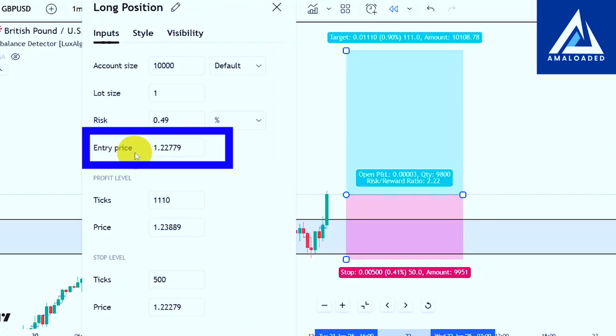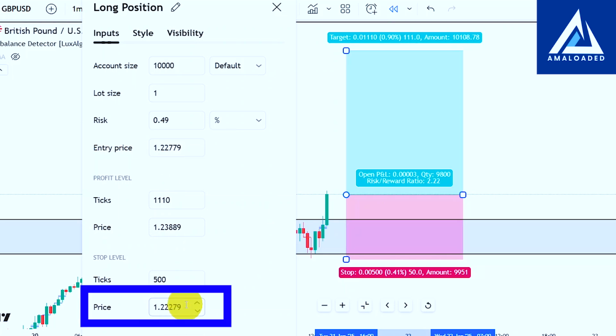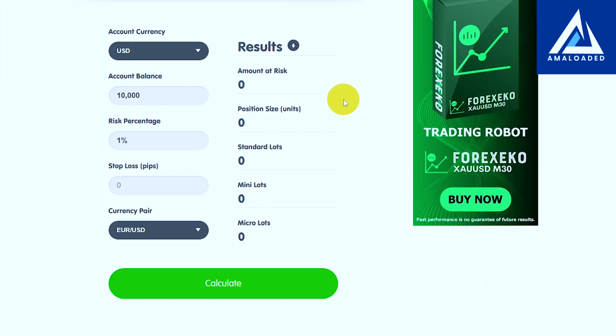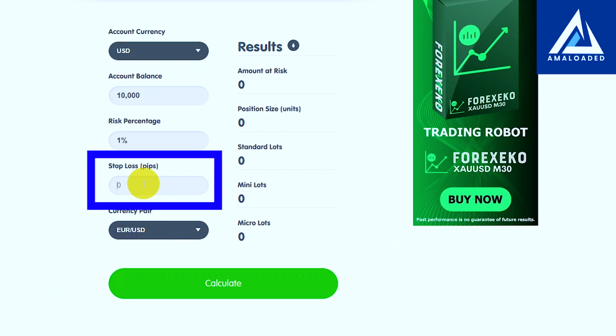If you look at the entry section, this is our entry price, and this is our stop loss price. The next step is to input the value of the 50 pips stop loss on our position size calculator website, this option here, by typing 50 pips.